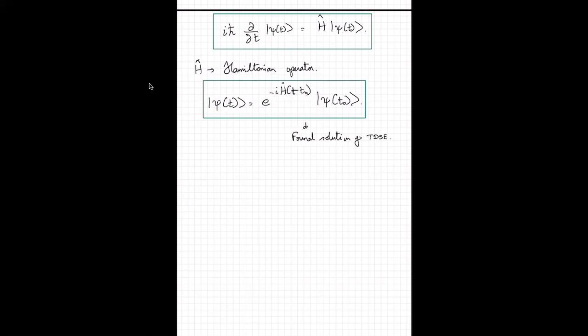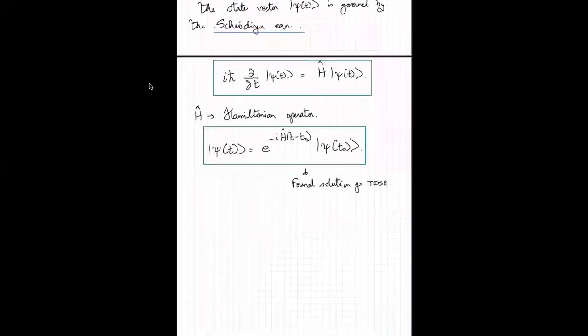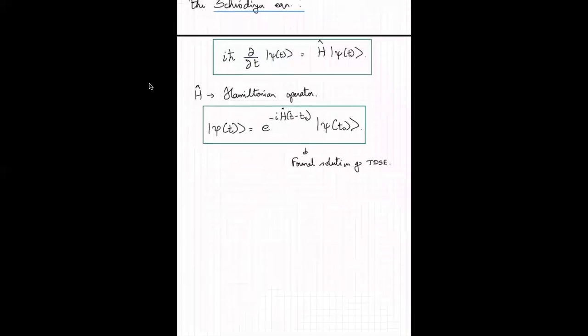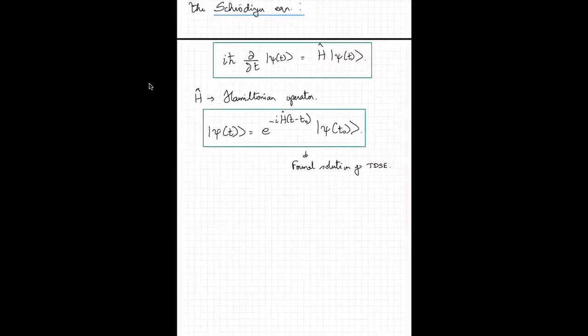We will also write down what is called the time independent Schrodinger equation later, but this is the formal solution of the time dependent Schrodinger equation. I'll make this a little more clear. Now notice that the prefactor e to the minus i H (t minus t0) is actually an operator. It is not a number.